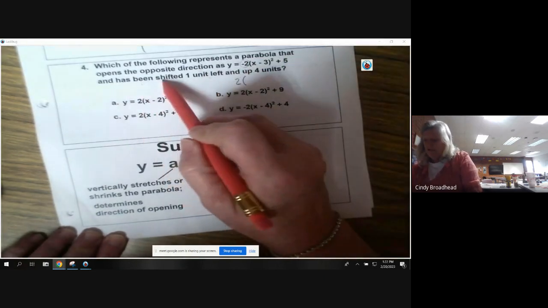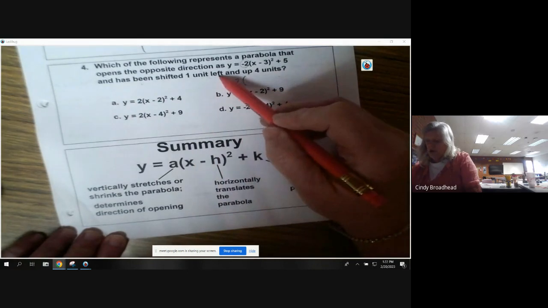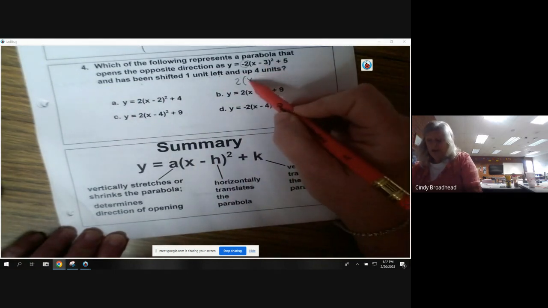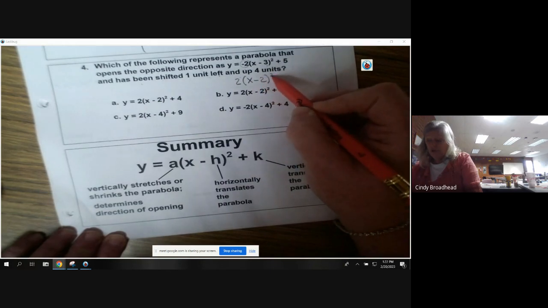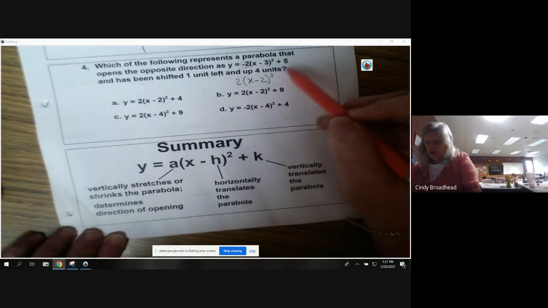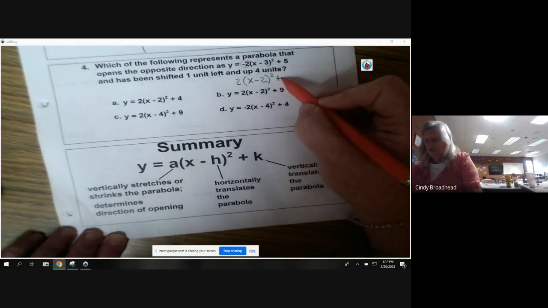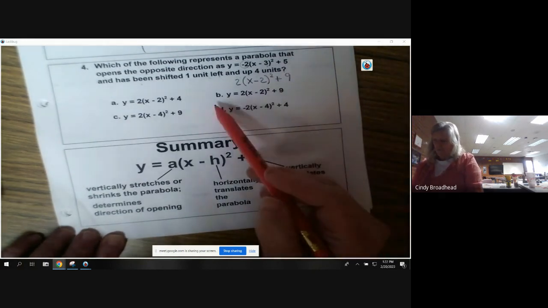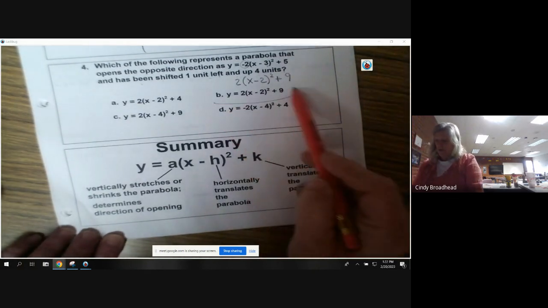If it has been shifted 1 unit left, right now it's 3 units to the right. So if it backed up 1, it would be at 2 instead of 3. And up 4 units, right now it's at +5. So if it goes up 4 more, it's at 9. So it looks like this one.